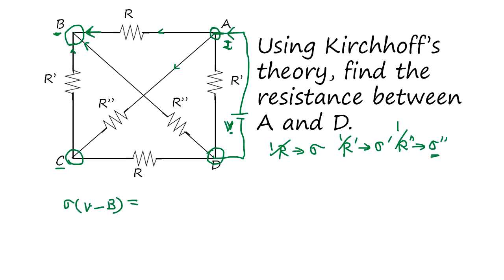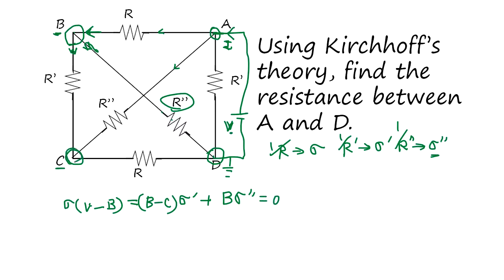That is equal to the current flowing out, so it's going to be B minus C times sigma prime. And also this current here is going to be, this is 0. So B times sigma double prime, this guy, okay, is 0.